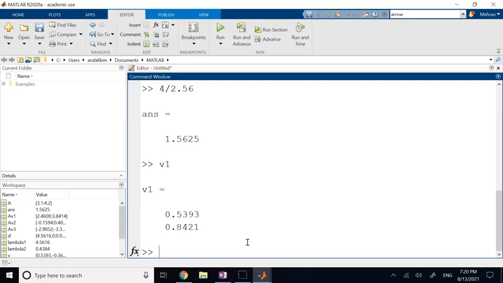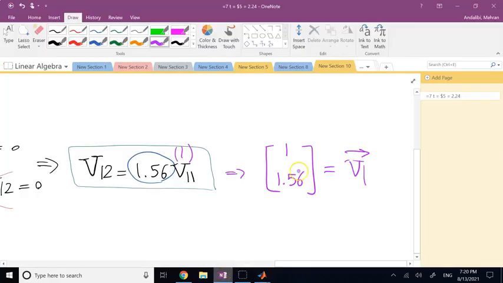If I look at V1, that's this guy. What did they do here? What they did is called normalization. If I look at the magnitude of this vector, it is 1. So they made sure that the resulting vector V1 is a unit vector. This guy is not a unit vector.